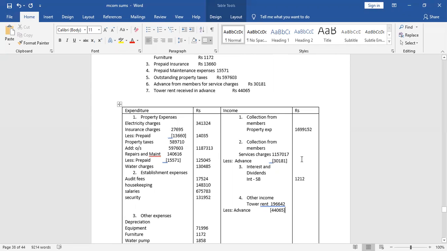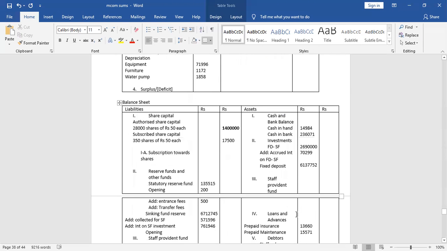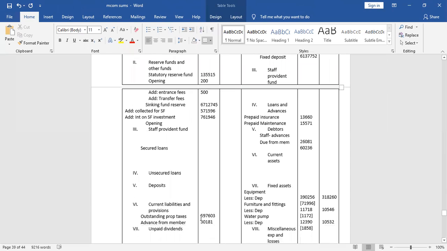After minusing this, how much is it? After minusing this, 11,26,836, and after minusing this, 152,577. So we'll show the second effect in the same place, advance tower rent. How much is it?